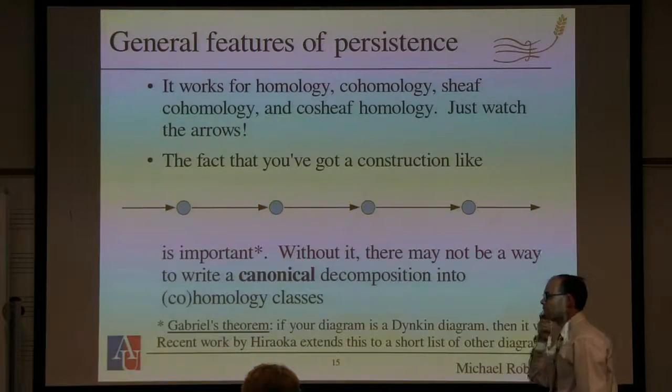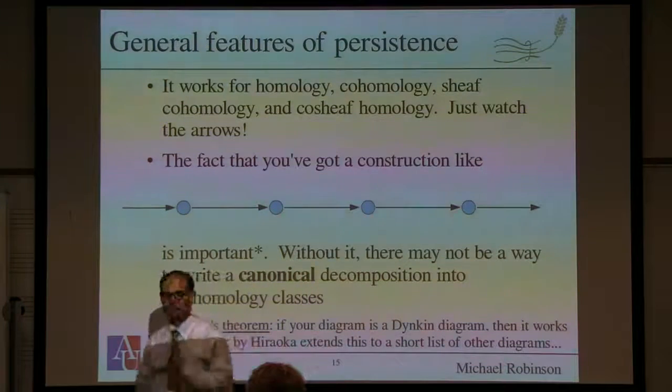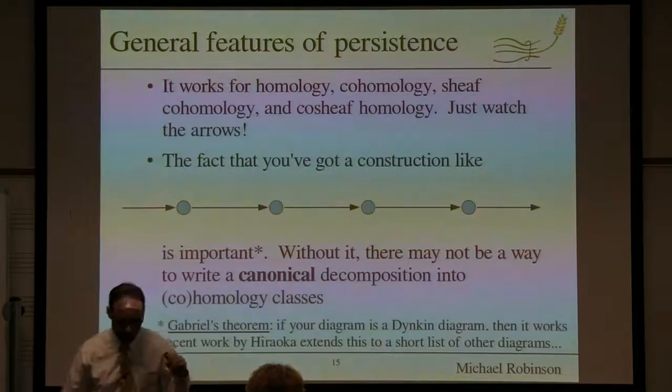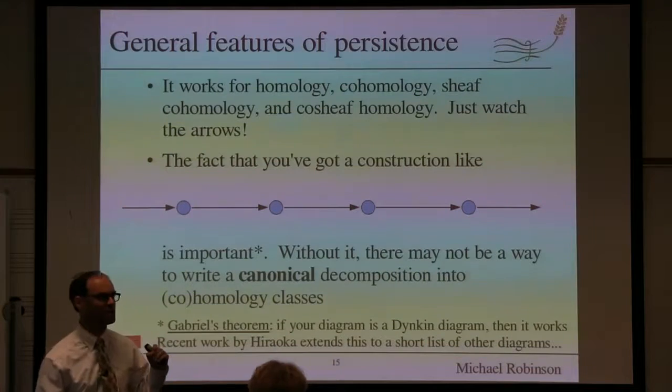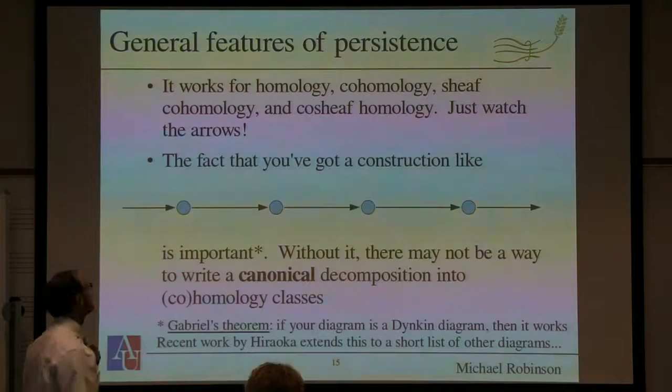So the Dynkin diagram thing's been known for a long time. Turns out recently there's been some additional items added to the list of other constructions that work. And I have to admit, it's quite a heroic paper. It is long, it is complicated, it is scary, but it works.